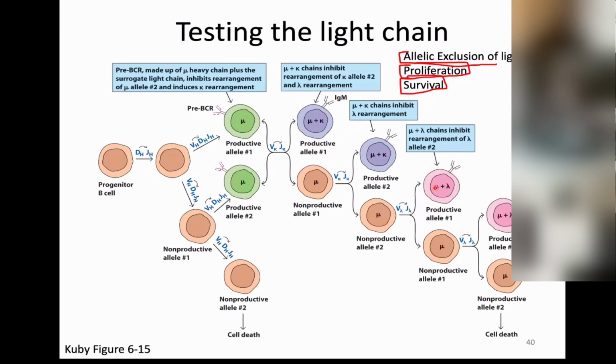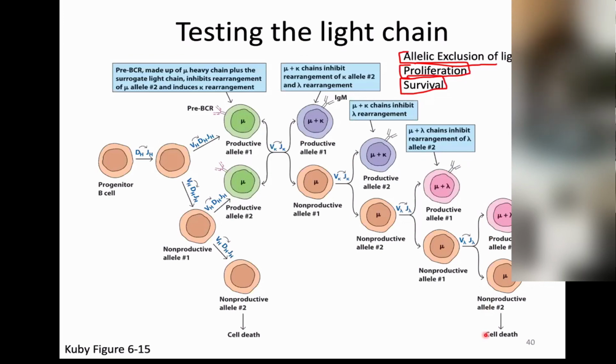It tries one of the lambda loci, either successful or fails. Now it tries the other lambda locus. It can then either be successful or fail. And if it fails after the fourth try to make a light chain, it dies. So we've got four different tries. In fact, the only thing that we really know about B cells with kappa versus B cells with lambda is that the B cells with kappa succeeded earlier in their tries than the lambda ones.